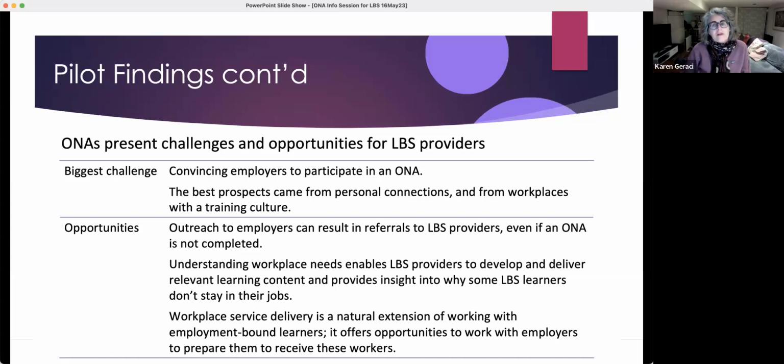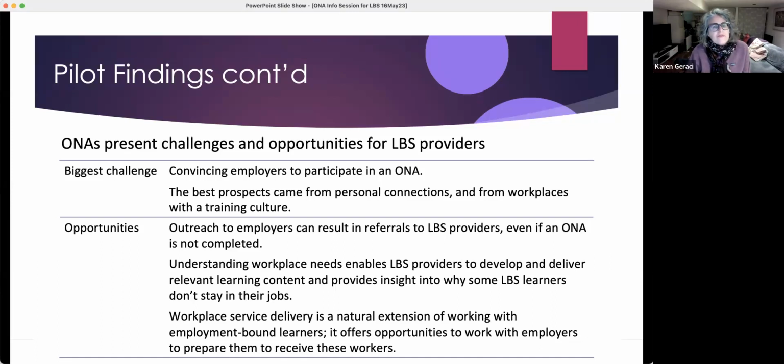It also came from employers who have a training culture. That's not surprising, right? Employers you could reach out to who are intrigued and interested in this notion of identifying training needs.